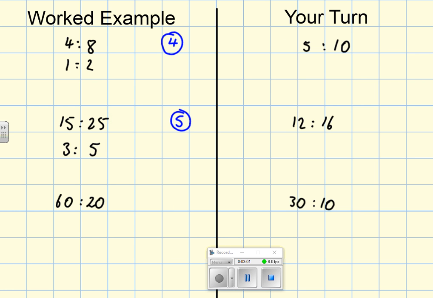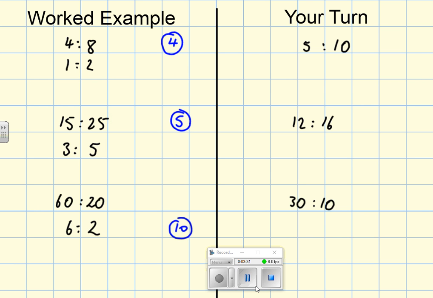Now this third one, a little bit different. I'm thinking of which times table both of these are in. Well, my knowledge of times tables really only goes up to 12, but I can spot straight away that they are both in the 10 times table. So 10 times what is equal to 60? The answer is 6. 10 times what is equal to 20? The answer is 2.